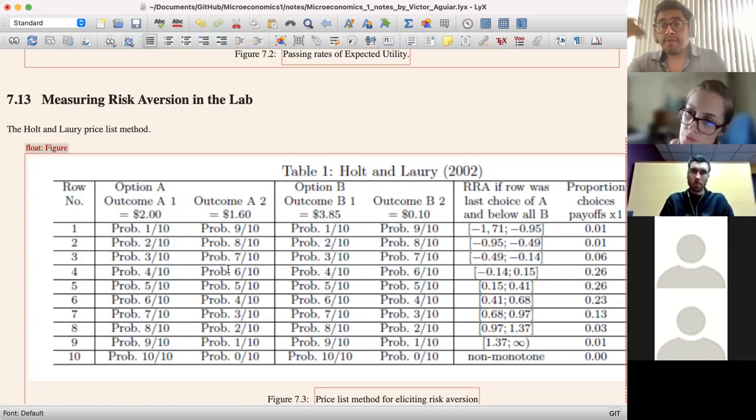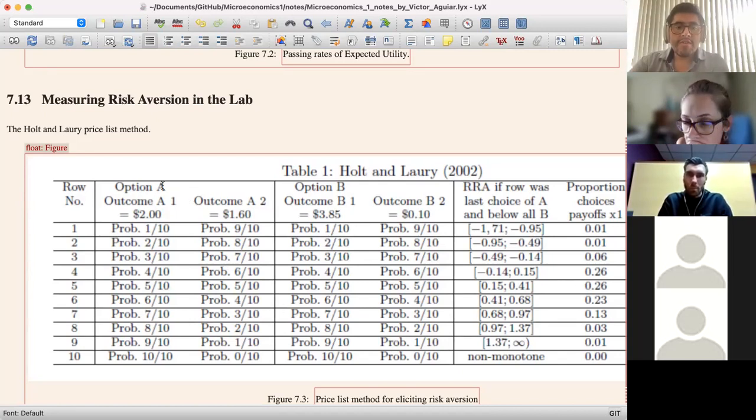People in Econ have improved a lot in measuring risk aversion, and they have developed a standard methodology called the Holt and Laury price list method. Essentially, they give you columns and rows of alternatives, and in each row they offer you a lottery.